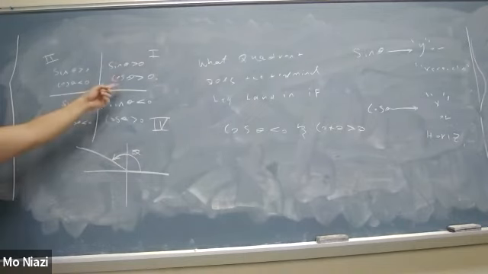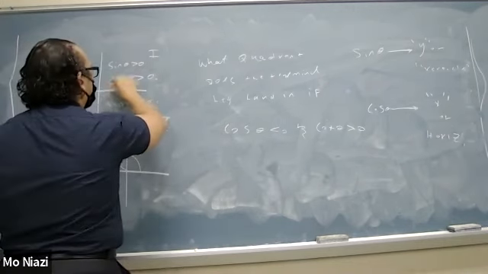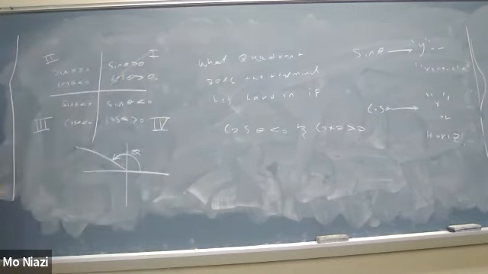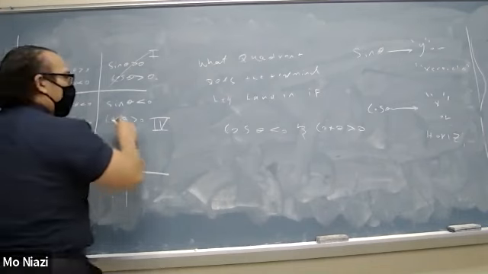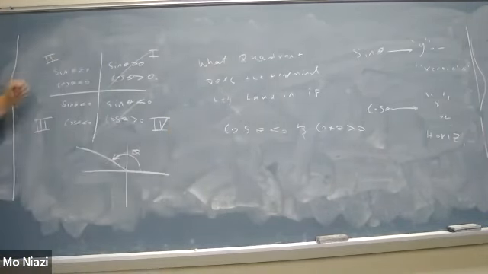Notice that over here, cosine is positive, so there's no way it could be in the first quadrant. It could be in the second and the third. By the same token, if cosine is negative, there's no way it could be in the fourth quadrant. So it's like on Who Wants to Be a Millionaire? Now you have 50-50. Who wants to be a trigonometrician?